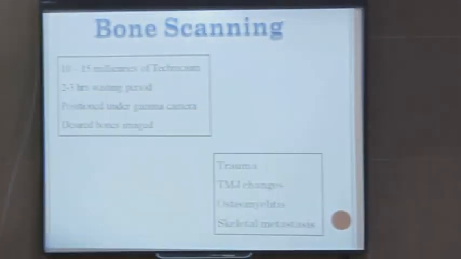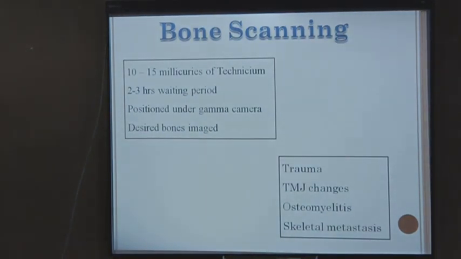It's called cold spots and hot spots. Hot spots are areas of activity. Cold spots are areas of inactivity. Say suppose you have a fresh fracture, that area will appear hot. If it's a healing fracture, it will start appearing cold. So you're going to see this in trauma, TMJ changes, osteomyelitis, skeletal metastasis. These are the applications of bone scanning.